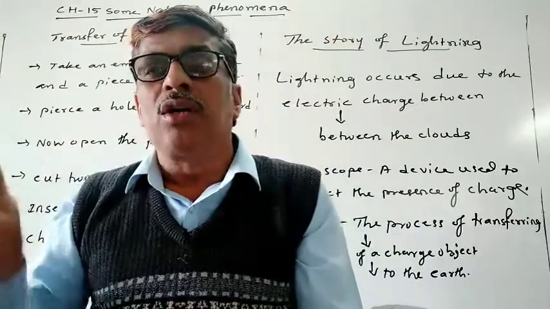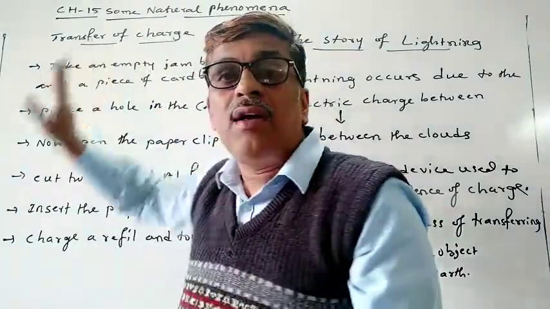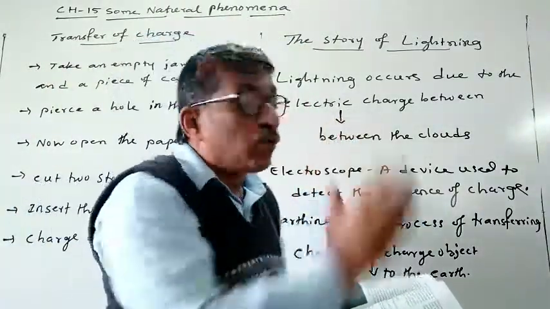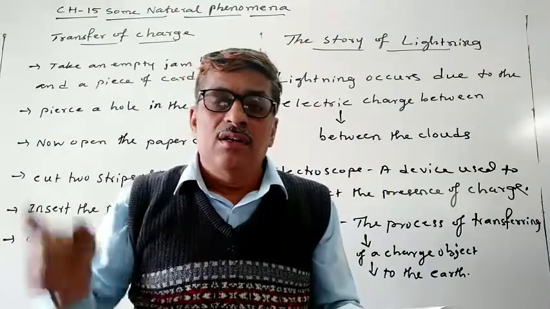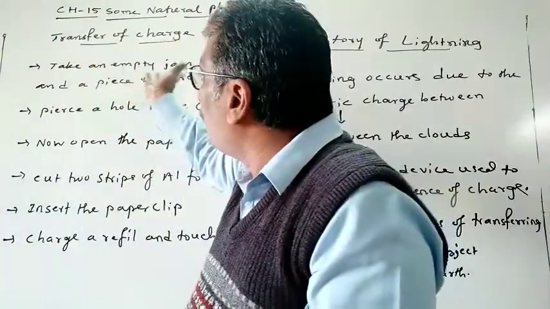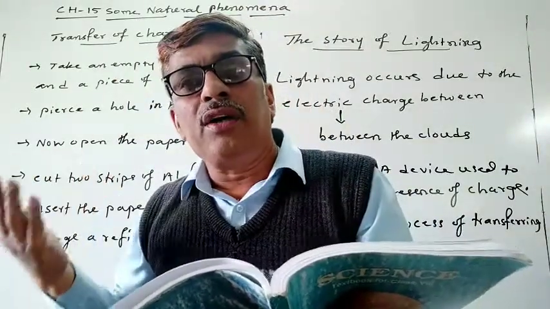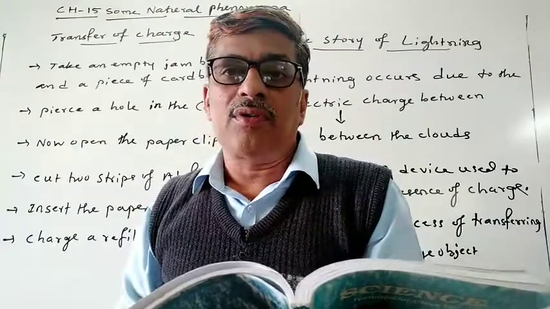So this is today's discussion about the transfer of charge as well as the story of lightning. Transfer of charge means how charges are produced and how they are transferred.